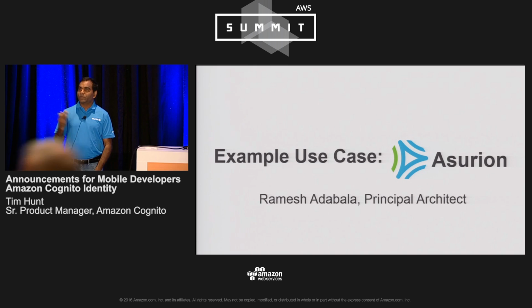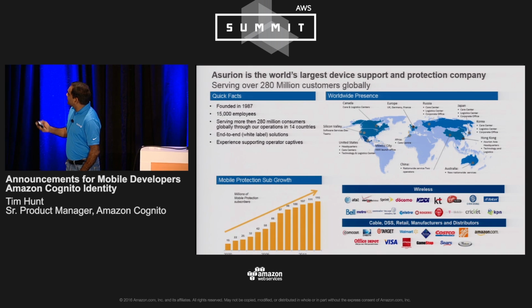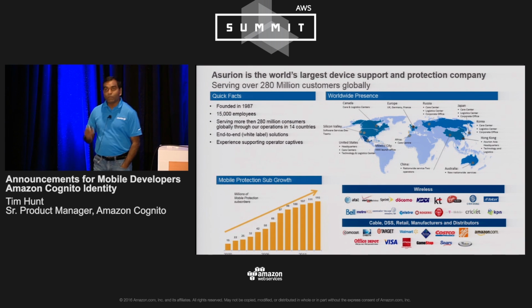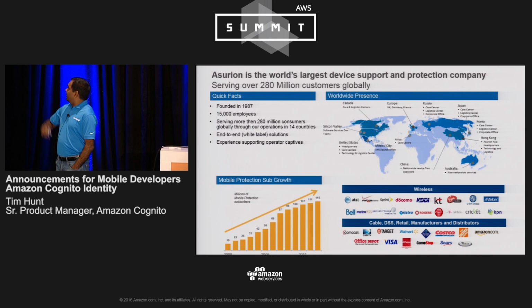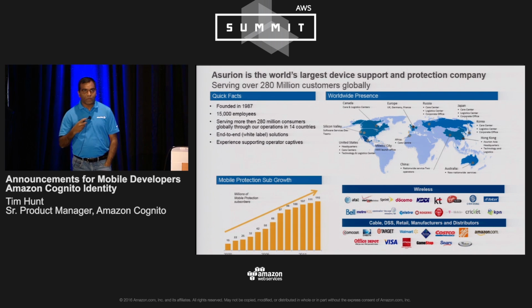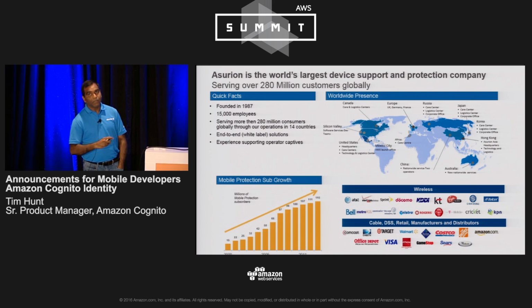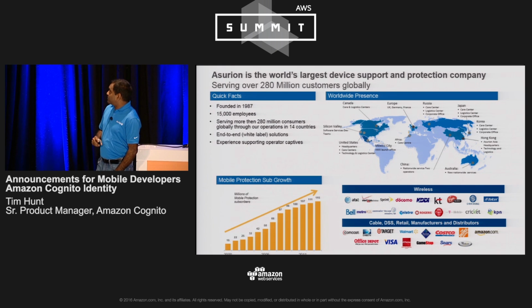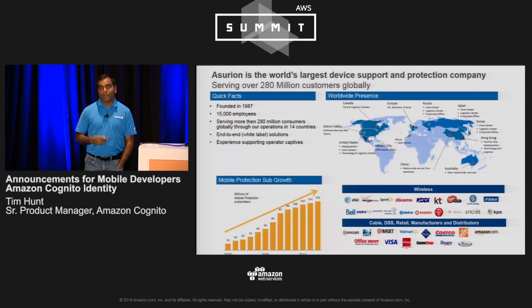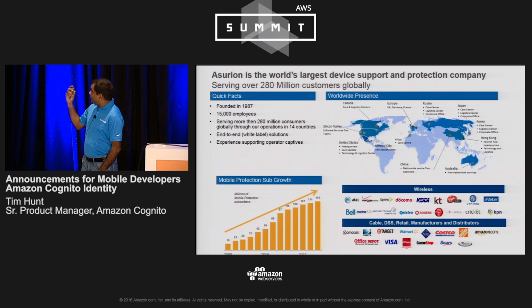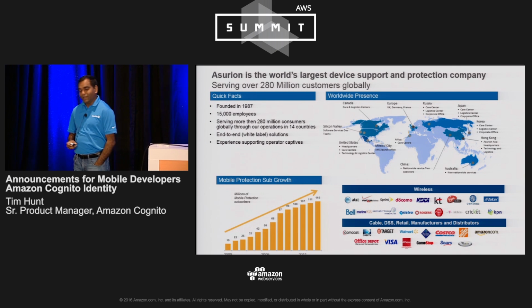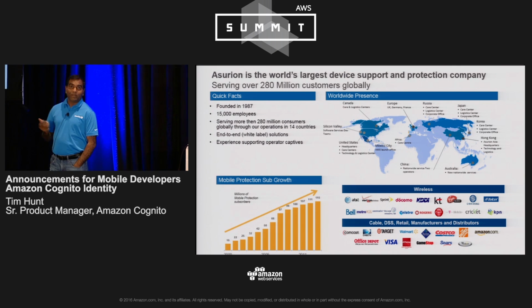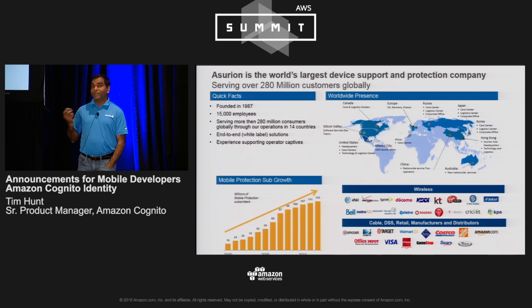In Australia, we work with Telstra. In Europe, we work with KPN and British Telecom. And we are aggressively expanding in the Latin American continent, where we are partnered with America Movil and Telcel and all these carriers. So we are a global company, and we are growing really fast.